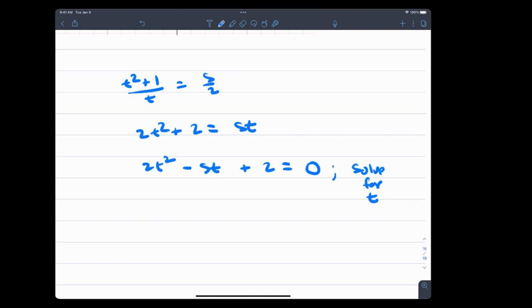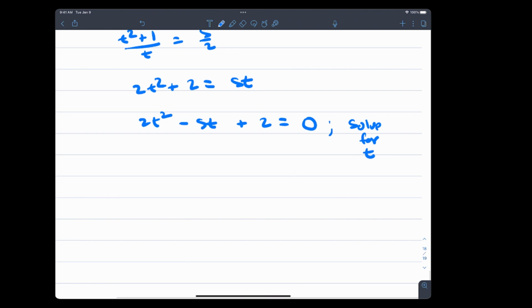2t squared plus 2 is 5t. So is it factorable? I hope it is. If it's not, did they make this thing factorable? Let me double check. 2t squared for the first term.